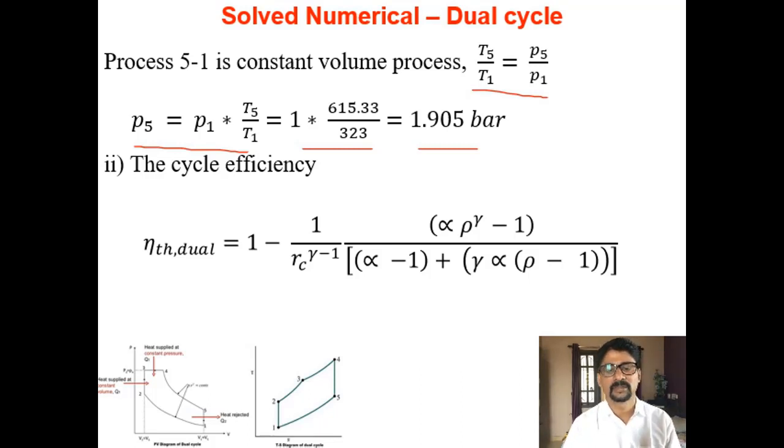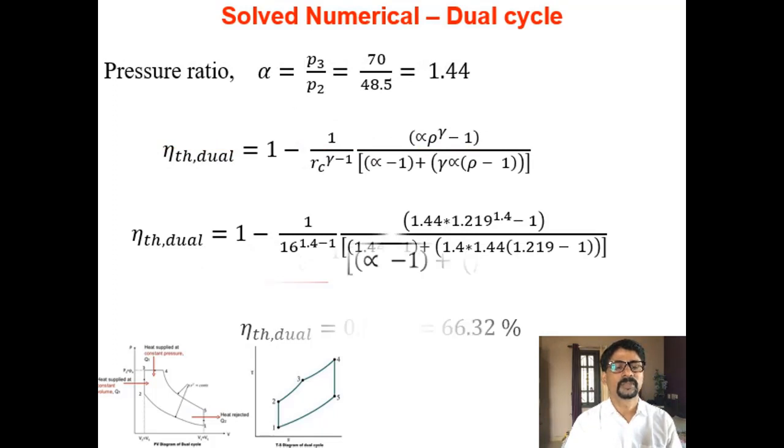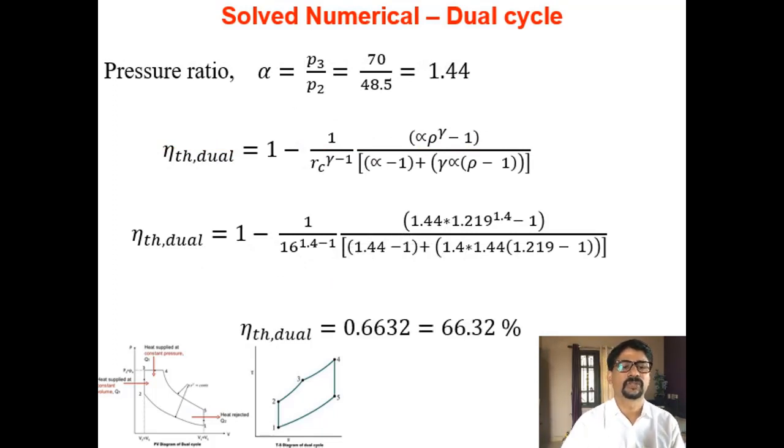Now let us come to the efficiency calculation. You can use the direct formula for the efficiency of the dual cycle. Eta th dual is equal to 1 minus 1 by RC to the power gamma minus 1 into, numerator alpha rho to the power gamma minus 1, denominator inside the bracket alpha minus 1 plus gamma alpha into rho minus 1. Here the pressure ratio alpha has to be found out before you substitute. So alpha is equal to P3 by P2, you can see here. This is the pressure ratio, which takes place during the constant volume process.